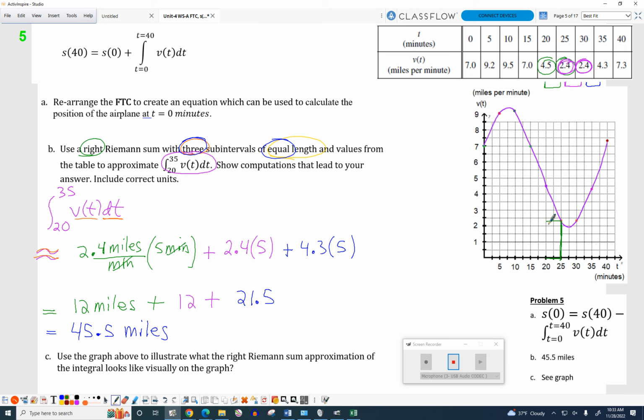So that first computation is a very definite underestimate. For the purple, go to the second time period. Again, I go to the right. That one's an overestimate.